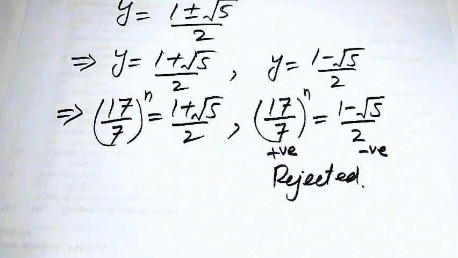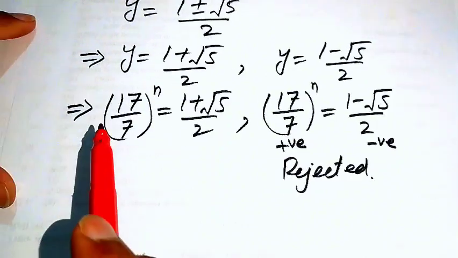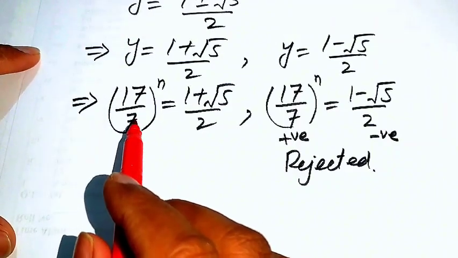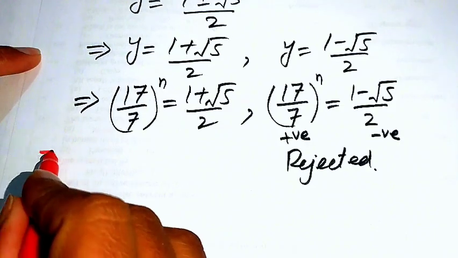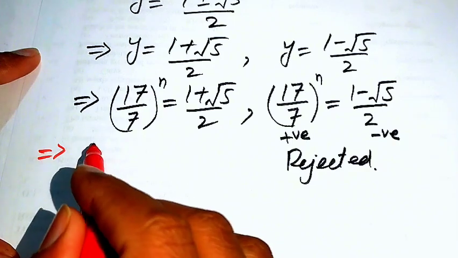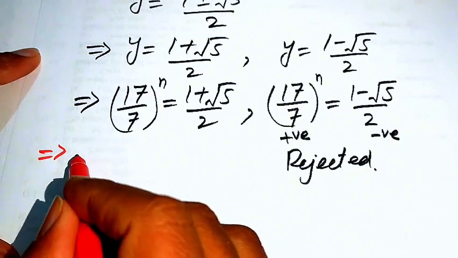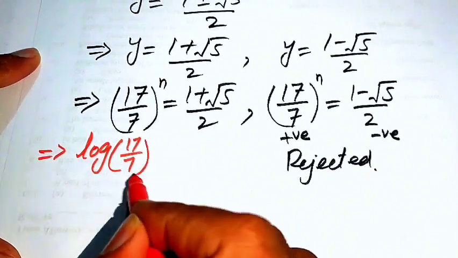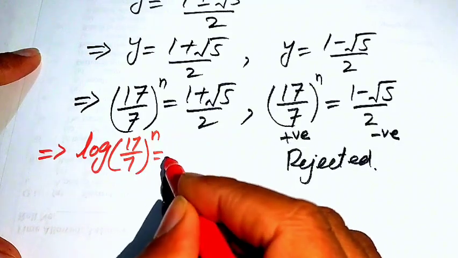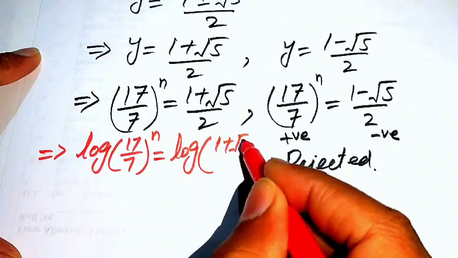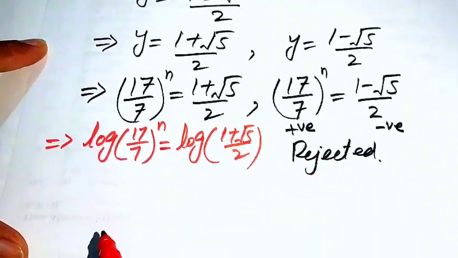So in the first case, in order to find the value of n, we need to take log on both of the sides, and it will be written as log of 17 over 7 and its whole power n equals log of 1 plus square root of 5 over 2.